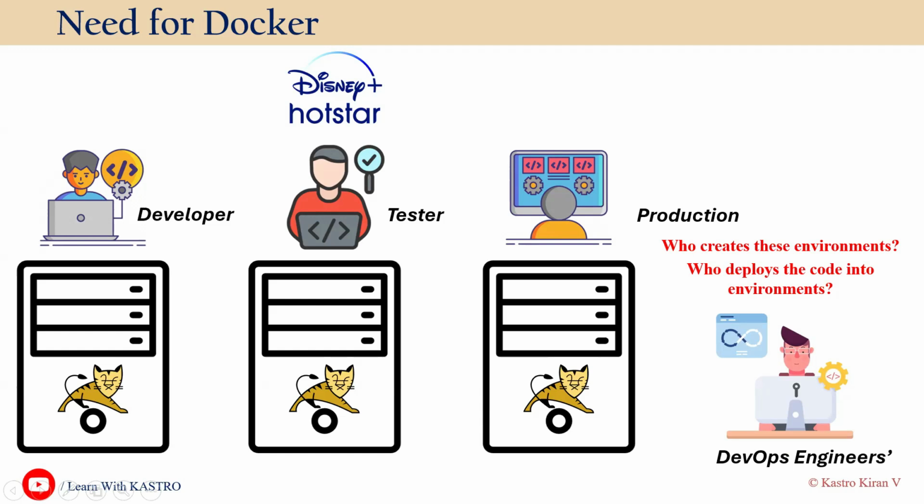The production team is using Tomcat 8. When different versions of the software are being used, what will happen? The code functionality will differ. There will be a chance that the code will not work. In the development system, the code might be working, but when it is sent to the testing team, which is using a different set of applications or packages, there is a chance that the application might not run properly in the testing environment.